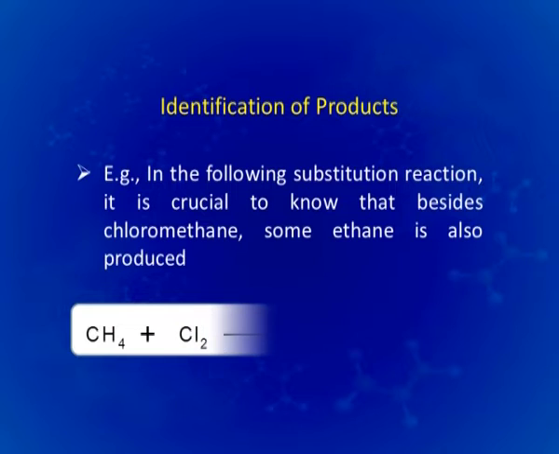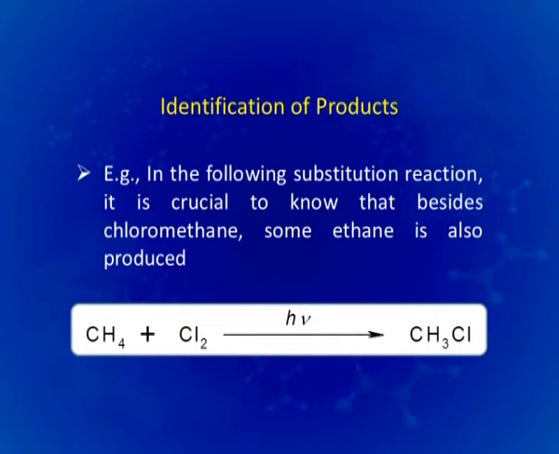We take an example of the halogenation of alkanes, where alkanes are halogenated in presence of light, that is, it is a photochemical reaction, and apparently we see that it gives rise to haloalkanes or alkyl halides.